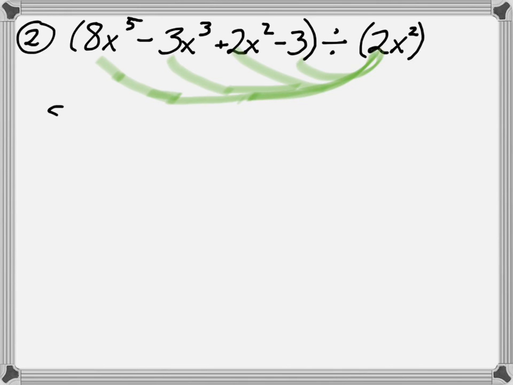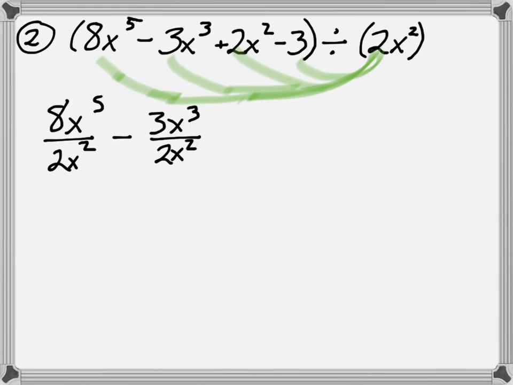So we have 8x to the 5th divided by 2x squared, minus 3x cubed divided by 2x squared, plus 2x squared divided by 2x squared, minus 3 divided by 2x squared.